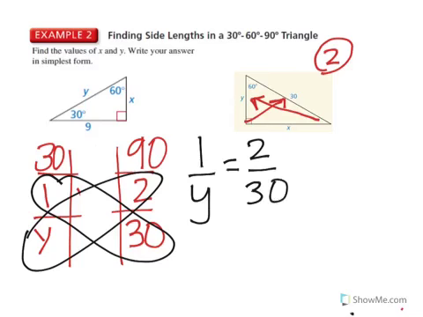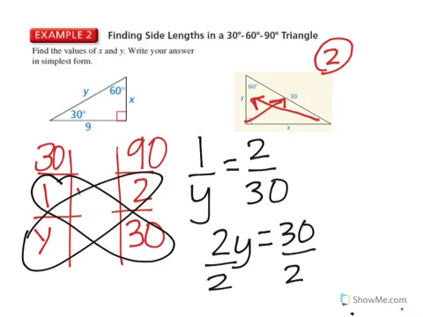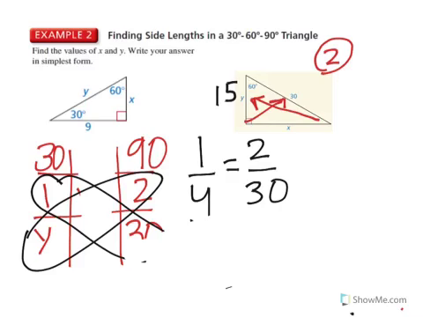Cross multiplying that, 2 times y is going to equal 30. And when we divide, we're going to get y would equal 15. So we know over here our shorter side is going to be 15. Okay, I'm going to erase so we can solve for x.